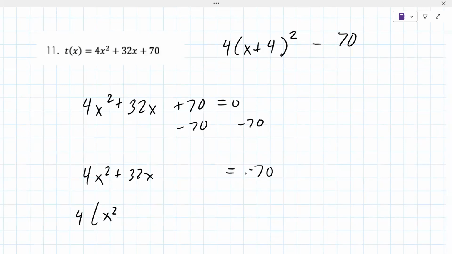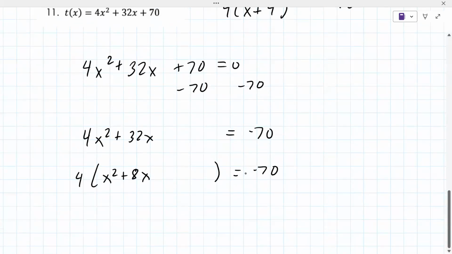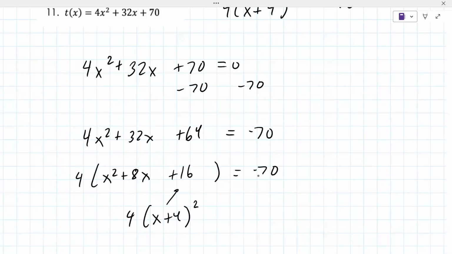Then you factor out the 4. x plus 4 squared. Okay, so then 16 goes here. Do you see where that comes from? And then you multiply in, plus 64 like that.